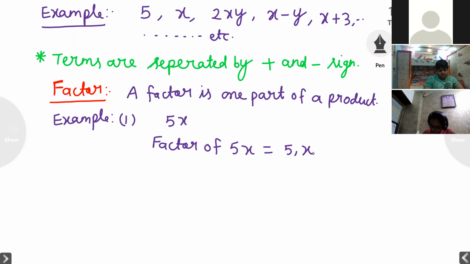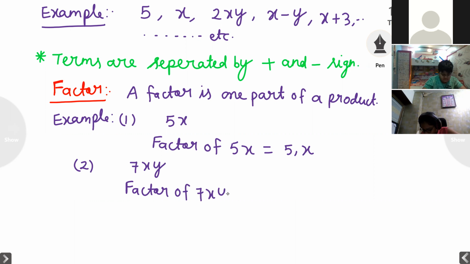Second example, 7xy. Factor of 7xy equals 7 comma x comma y.